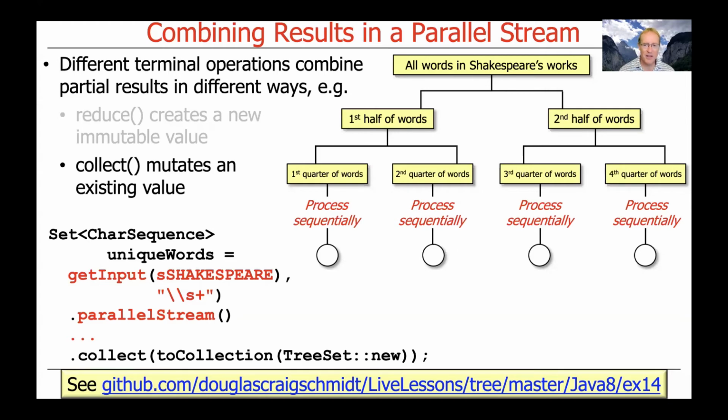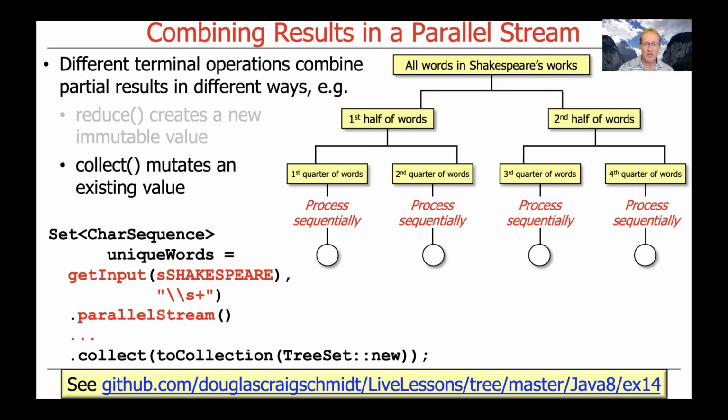So you'll have the first half of the words and the second half of the words, and then the spliterator chunks that up into the first quarter of words, second quarter of words, third quarter of words, fourth quarter of words, and it keeps going and going until you end up with atomic-sized chunks. And then all those atomic-sized chunks are going to be processed sequentially, but all together in parallel. So the cumulative results are done in parallel, even though each piece is done sequentially.